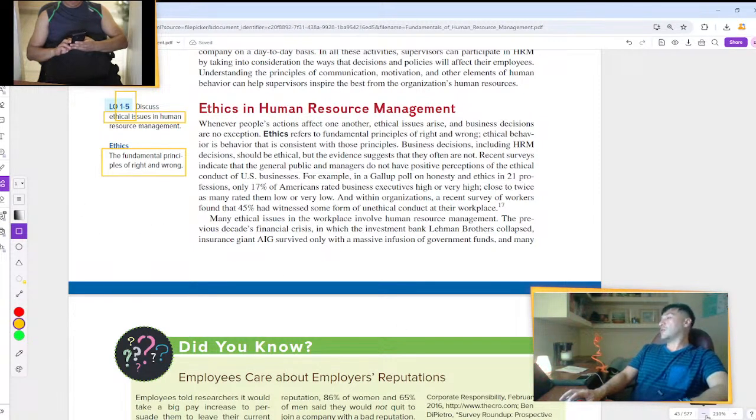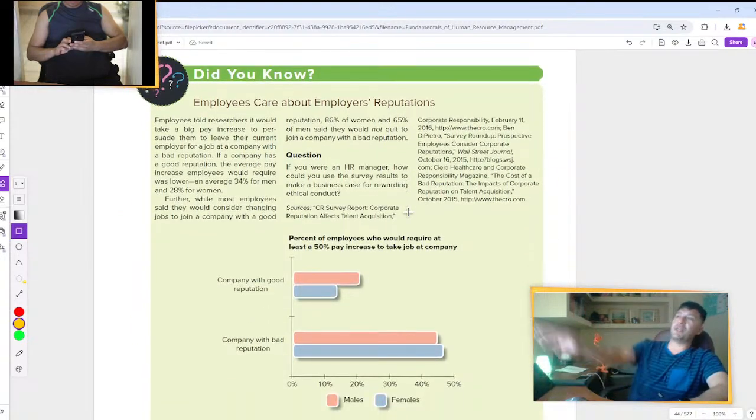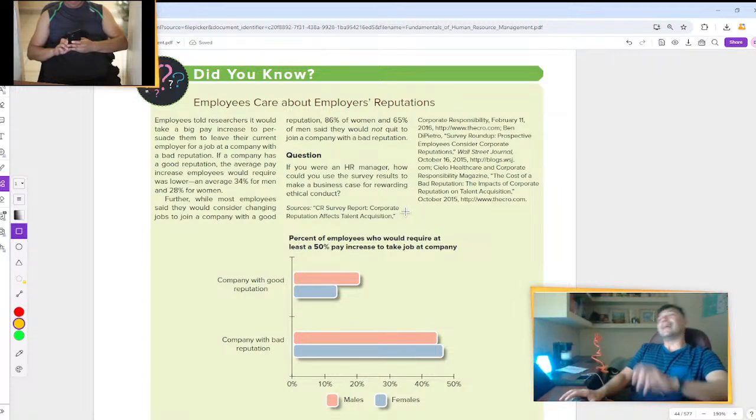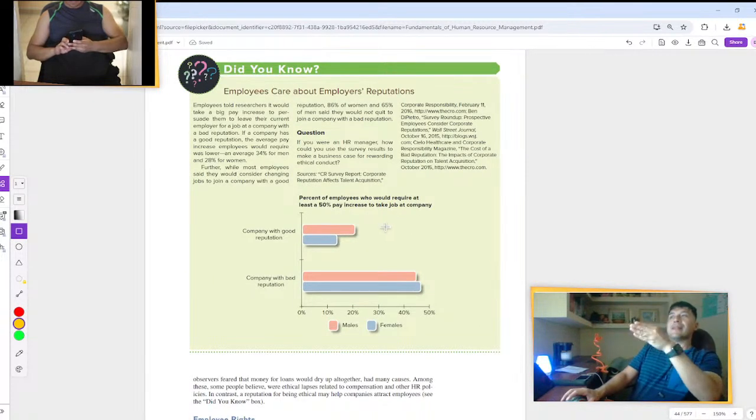I want you to look at these little boxes. We have some special sections with colors that we saw the very first time when we saw the content of the book. I want you to read this one, which is on page 44. This one is about the employer's reputation.